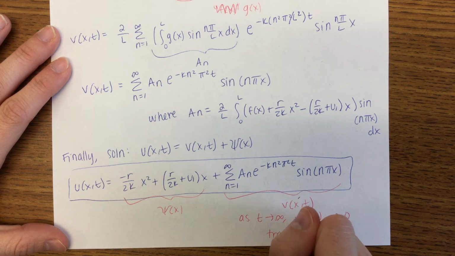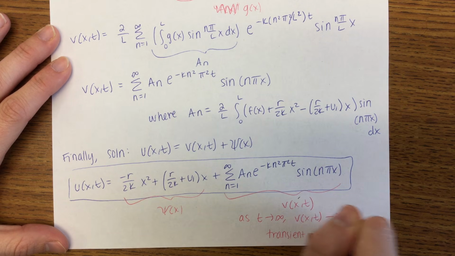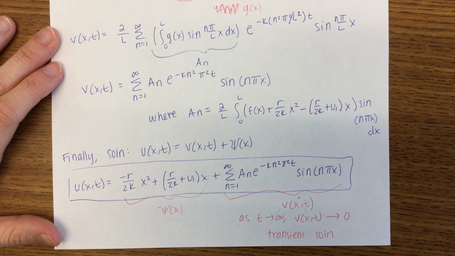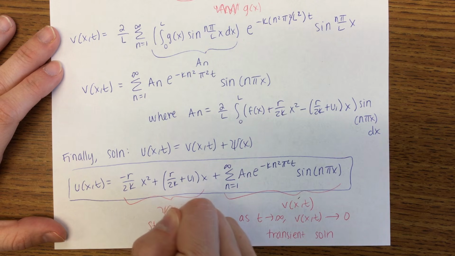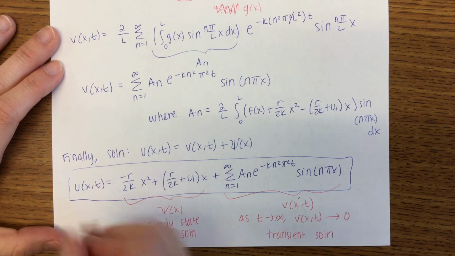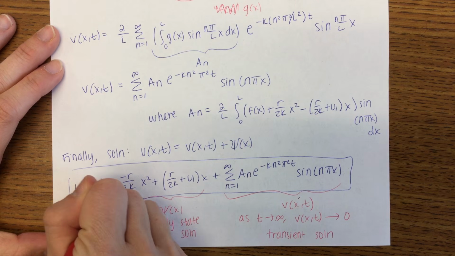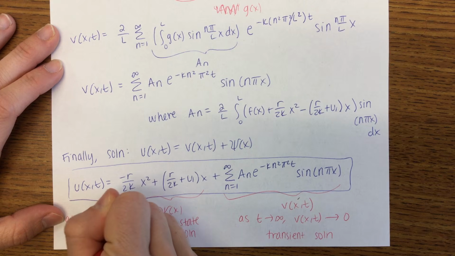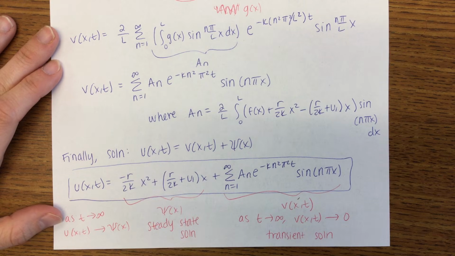Transient. So this one is called the transient solution. No, this is the steady state solution. Psi is called the steady state solution because as t goes to infinity, u of x,t approaches psi of x.